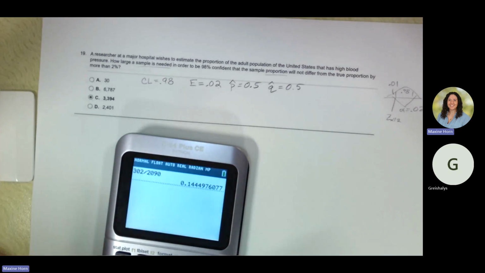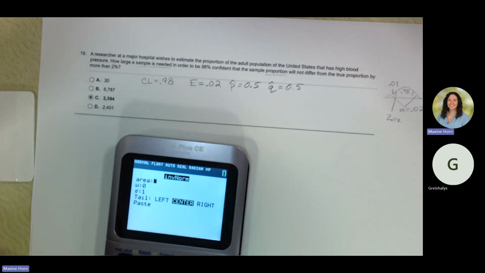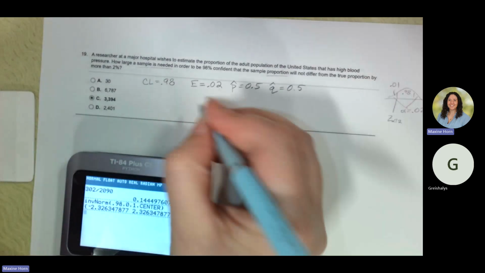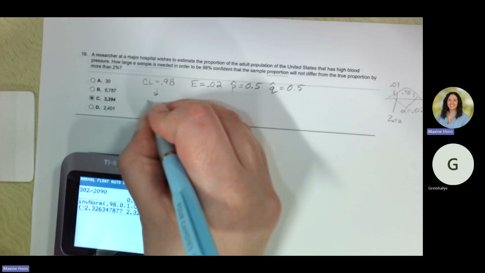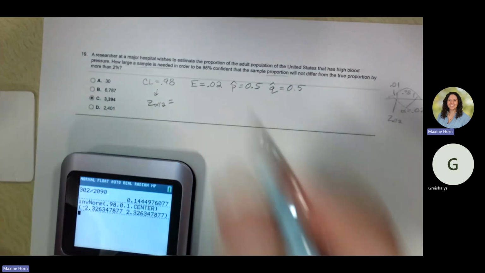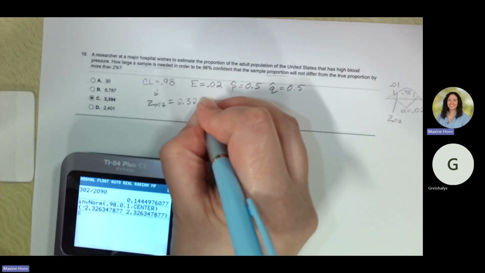So I'm going to go second vars, inverse norm because this is a z-score. The area is my confidence level, and I can give it that as long as I tell it that that's the area in the center. Okay, so I'm going to take the positive, so that gives me a z alpha halves. I'm going to take the positive one of 2.3, I'm going to go to 3 decimals, 2.326.